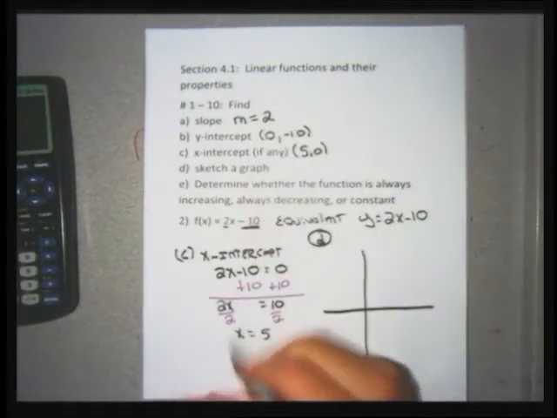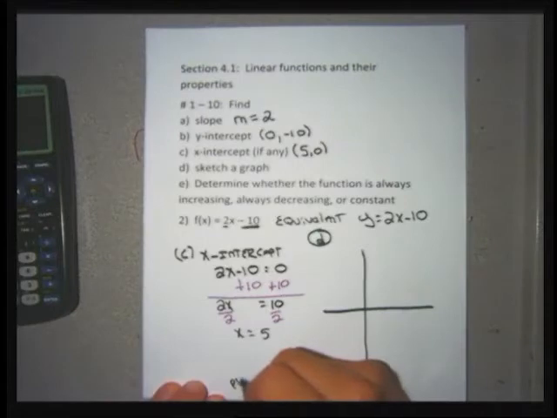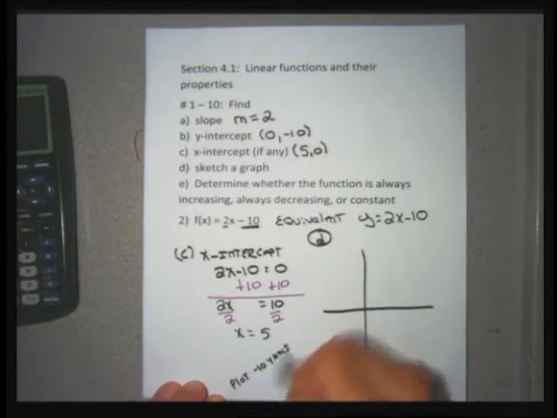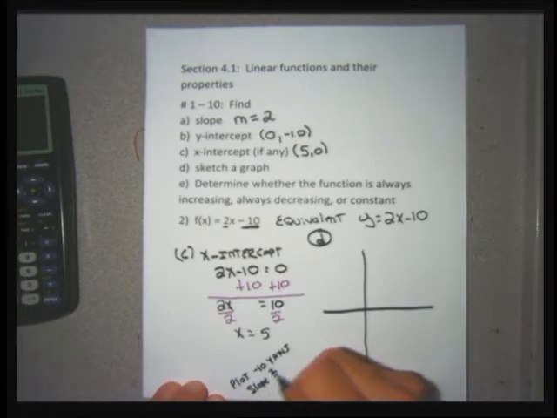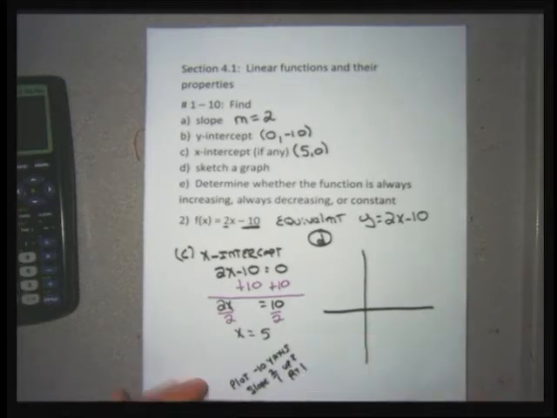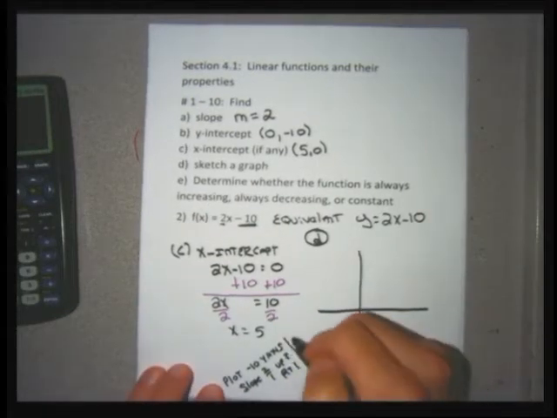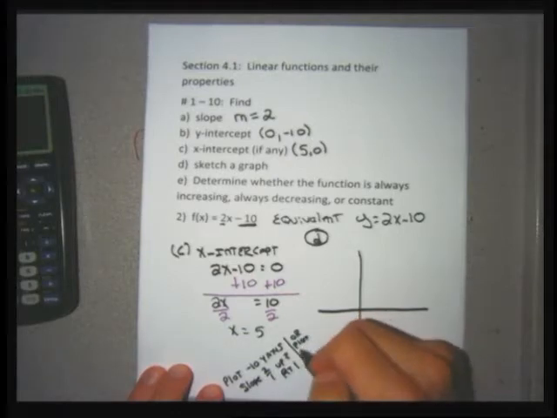You can plot negative 10 on the y-axis, and because the slope can be written as a fraction, 2 over 1, you can go up 2, right 1. You can do that a couple of times and generate more points and then connect those points. The alternate way to do it is just to plot the intercepts and connect them.